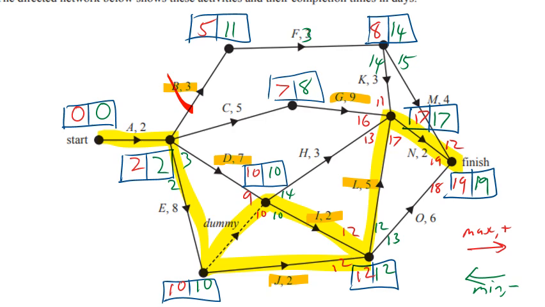Let's use a blue highlighter. I can crash J by 1, then that changes, and I've got to crash I by 1 as well, so they can both be at 11 because they're both on the critical path. They both need to be crashed, so that makes 11 and 11, which makes that 11, and so 11 plus 6 actually makes that 17.